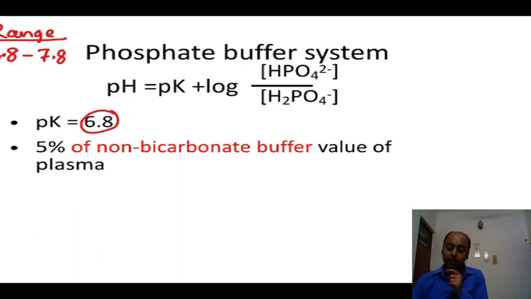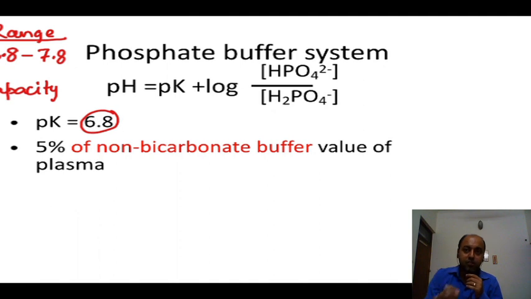So although the action can be there, the second part, capacity, is missing. Why? Because in the blood the concentration of the phosphate buffers is low. So the phosphate buffer system is a very important buffer system, but not in the blood, because in the blood the concentration which determines the capacity is low.